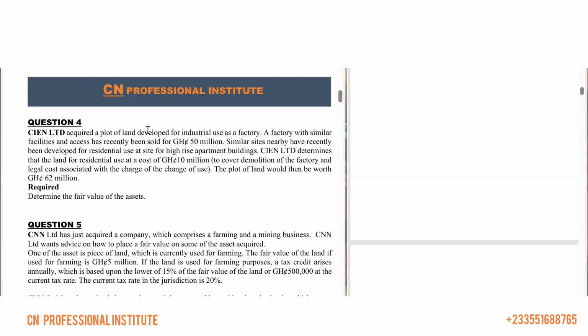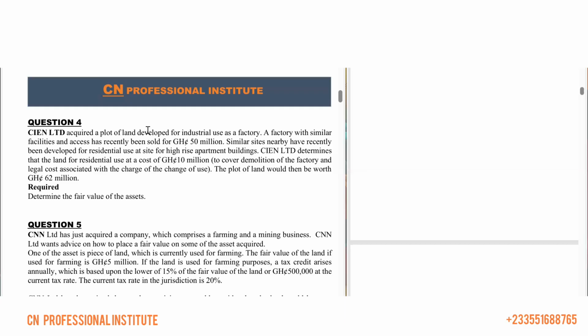So here we have a piece of land, and a piece of land is a non-financial asset. So we are going to determine the fair value using the highest and best use. The highest and best use says that to get the fair value of a non-financial asset, we look at the use of the asset in the various circumstances, and then we pick the higher.